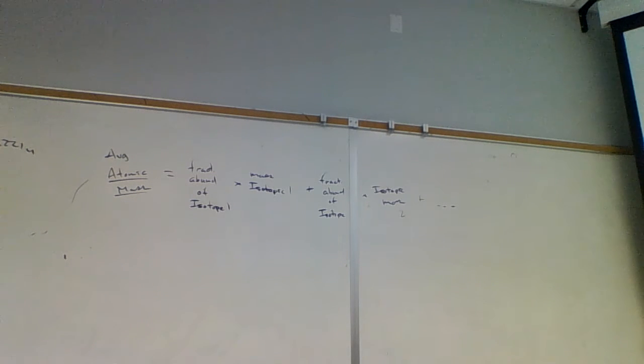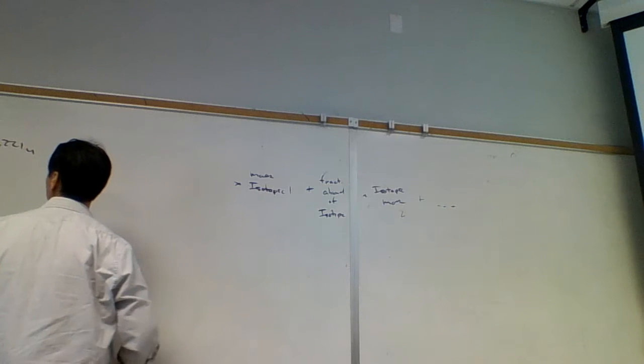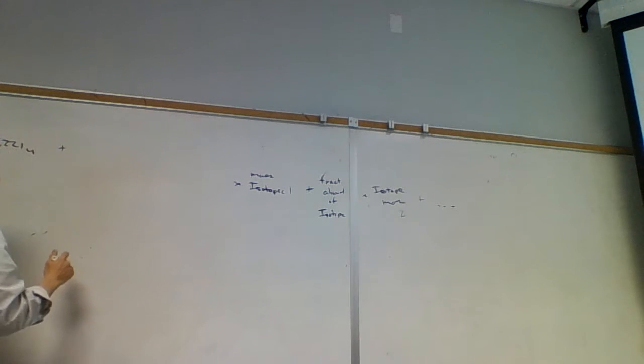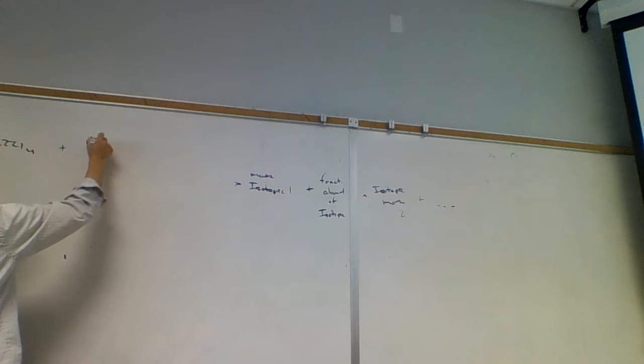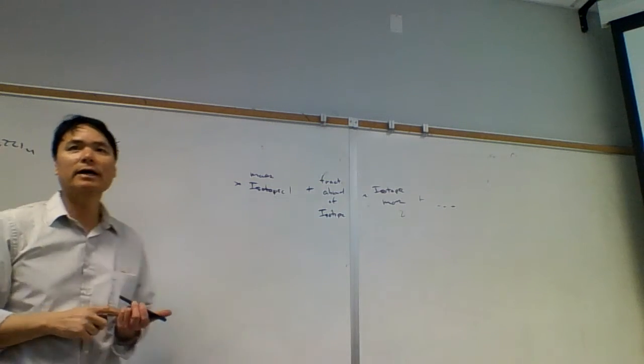And so we have a mix of multiplication and addition. And so I'm going to calculate out the terms first. We have more terms in this sum. Okay, then we go on to isotope 2, which is going to be 0.038 out of 100. How can you have 0.038 atoms?